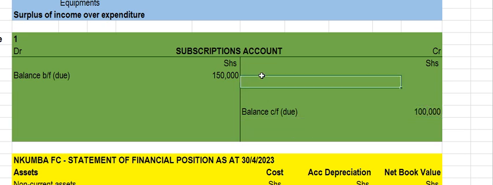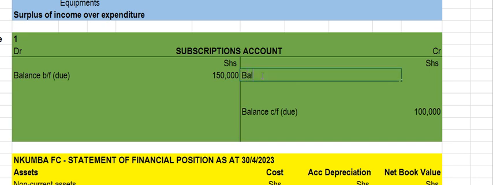Then you have the subscriptions in advance, subscription received in advance, that is income received in advance. Balance brought forward, that is in advance. For subscriptions paid in advance or prepaid, that is the current liability, the opening balance, and that is 300,000.